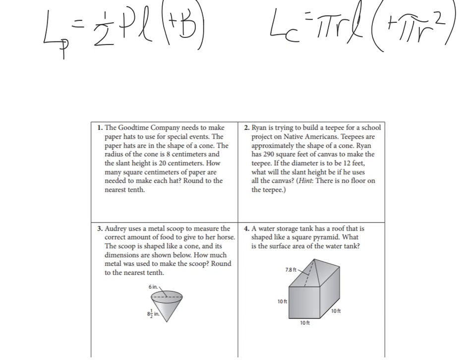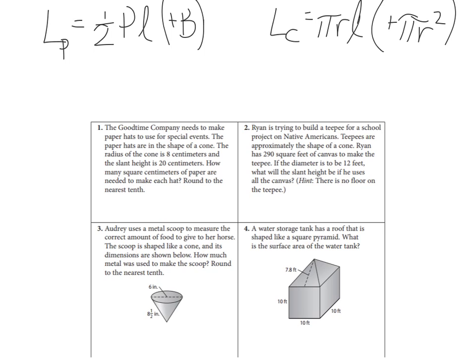So we have 290 as the lateral surface area: pi times radius times L. The diameter is 12, so the radius must be 6, and you're solving for L. Divide by some stuff, get rid of it next to the L. There you go.